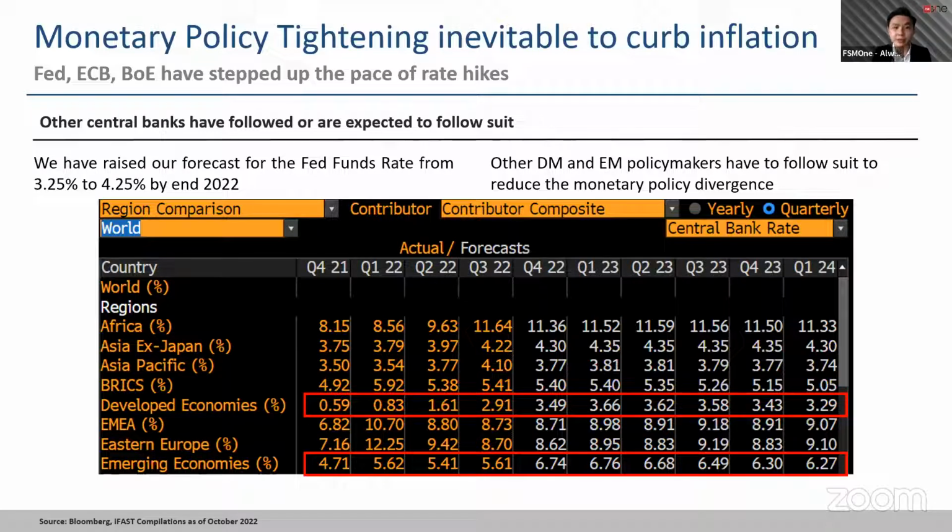And we expect other central banks to follow the Fed's footsteps, even for those economies that don't face very great inflationary pressure. Why is this happening? This is because when the US hikes their rates, and the US is considered to be a risk-free rate already, and other economies don't hike their rates, this will cause an outflow from these economies back to the US, because the US offers higher rates with lower risk.